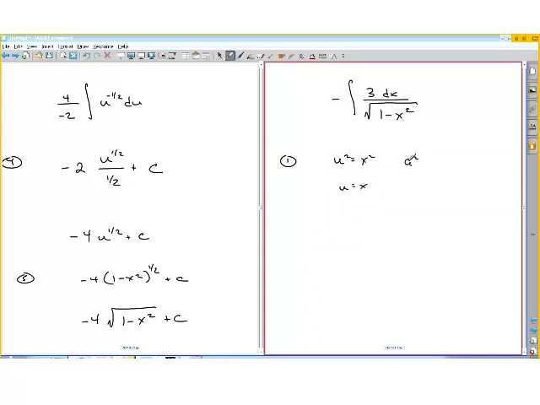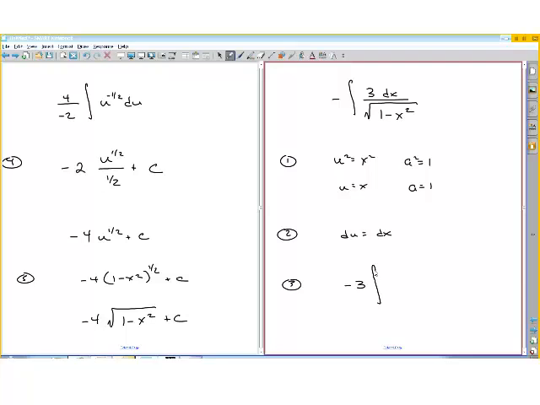Therefore, u is equal to x. a squared is equal to 1, therefore a is equal to 1. So those are the substitutions, except now we need to substitute for dx. Well, du equals dx. Just the same thing on either side. So now we can make the substitution.